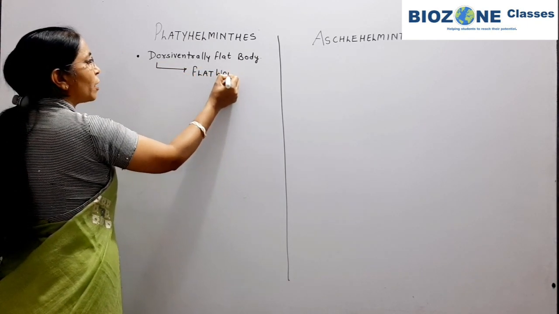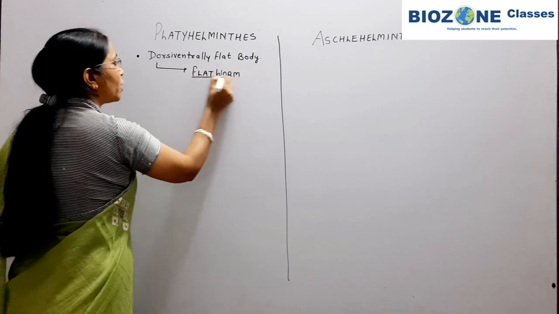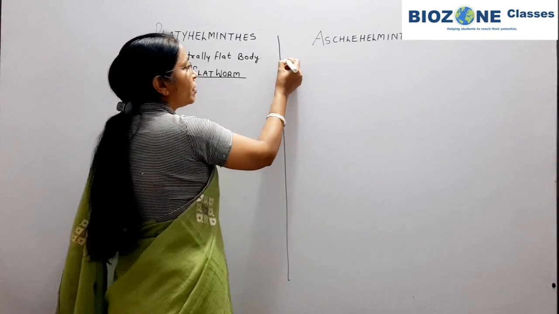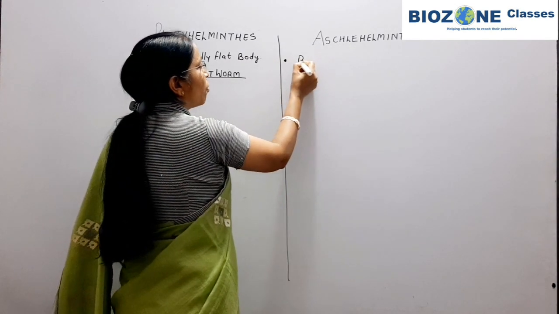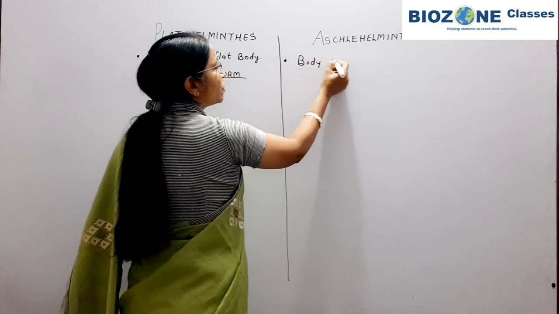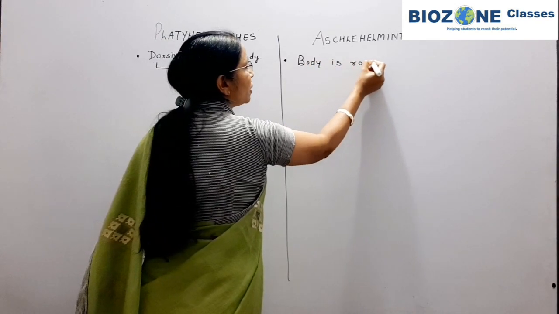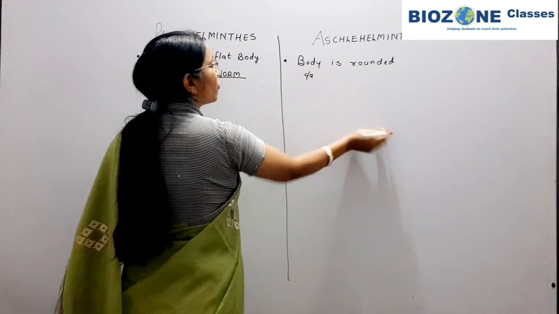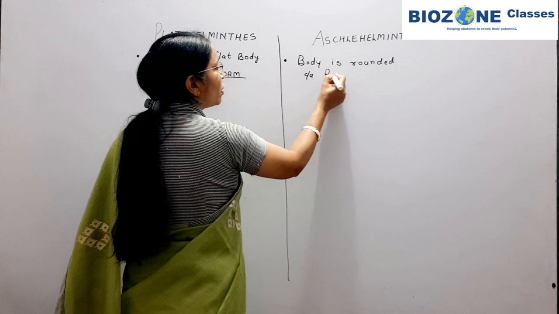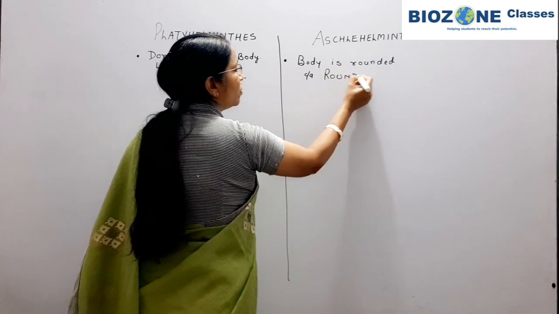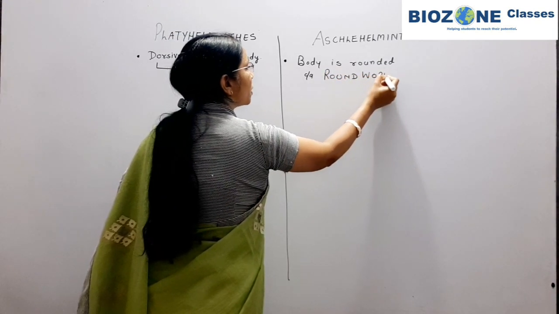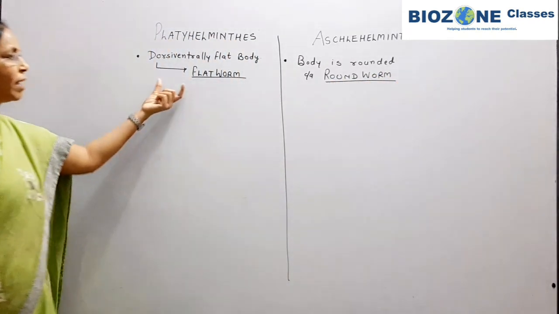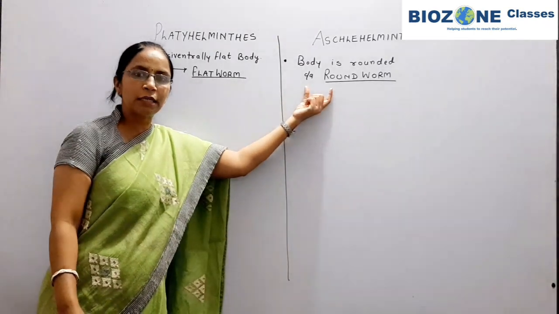So remember this. The Aschelminthes body is rounded in cross-section, and therefore the members of this phylum are commonly called roundworms. So these are the 2 common terms we use for the members of Platyhelminthes and Aschelminthes.